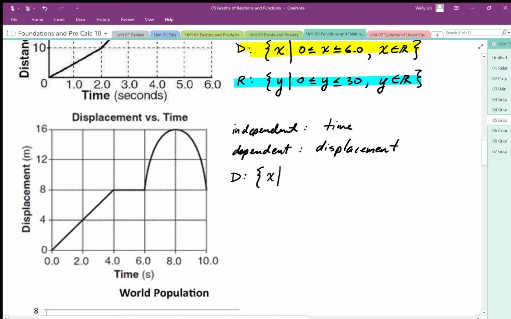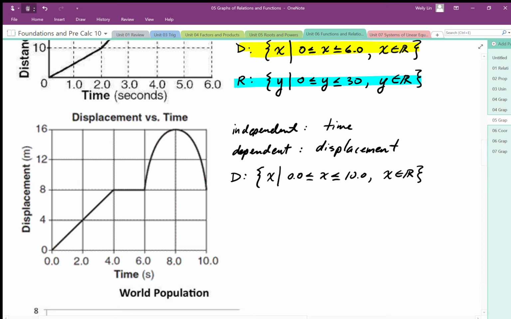So that first part establishes the variable of the domain, and then we use the domain values from 0.0. So x can take on values from 0.0 to 10.0. Now, since it's continuous, we want to show that it's continuous with x ∈ R.